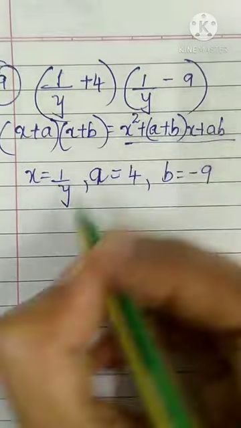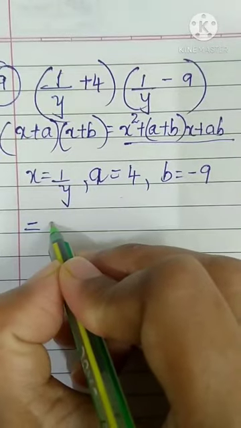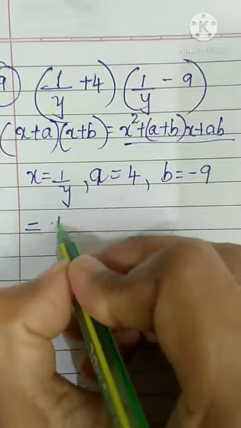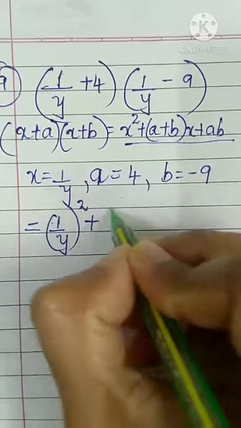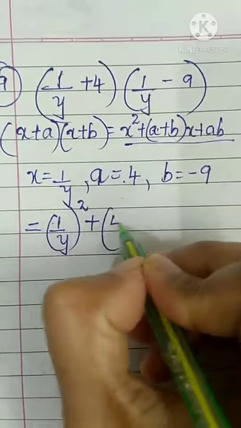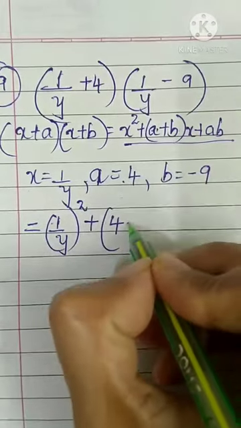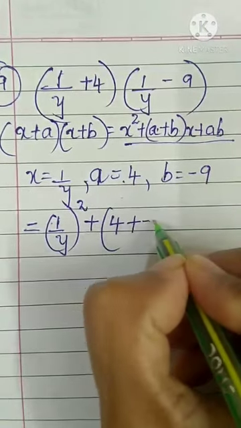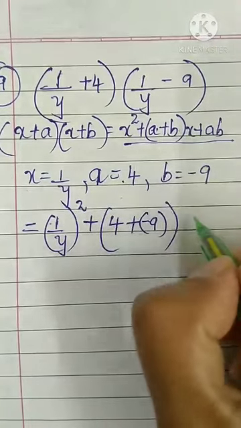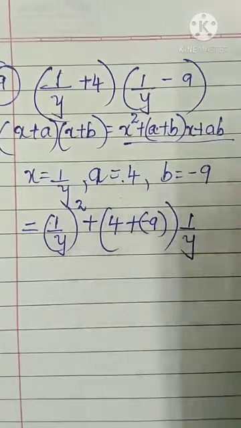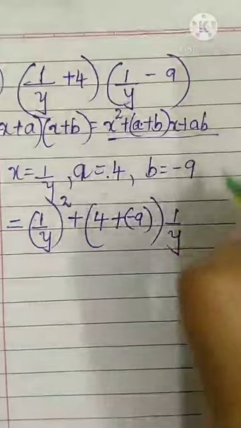Substitute in the formula, which is equal to x square. x is 1 upon y the whole square plus a is 4 plus b is minus 9. Okay. x is 1 upon y. Go slow, very calmly do.